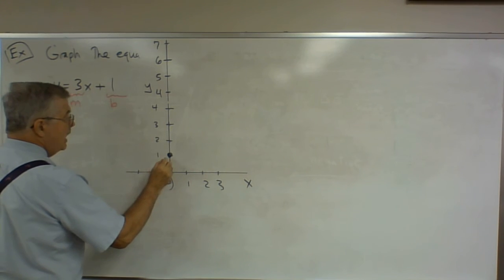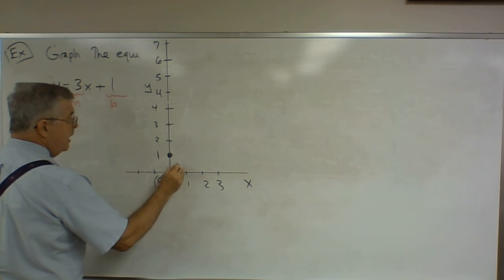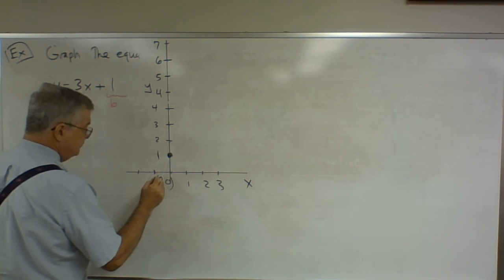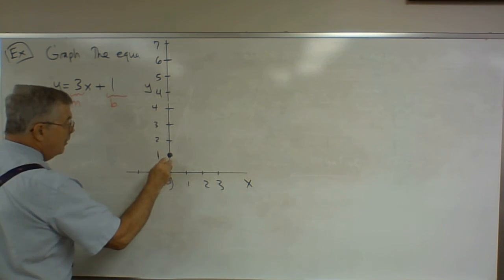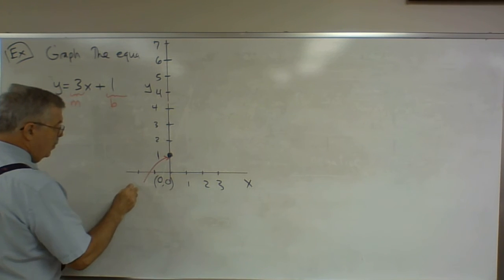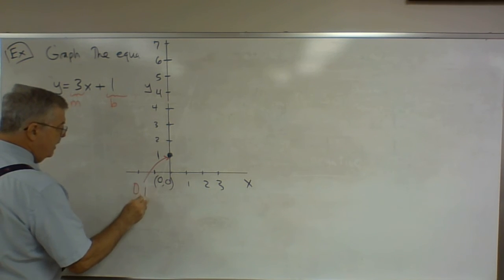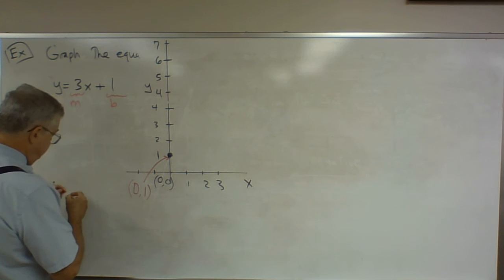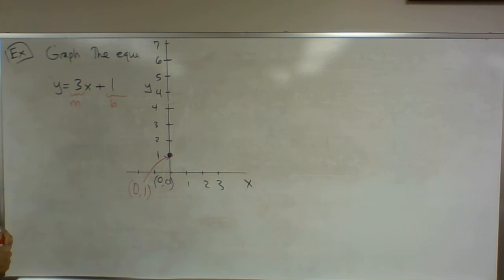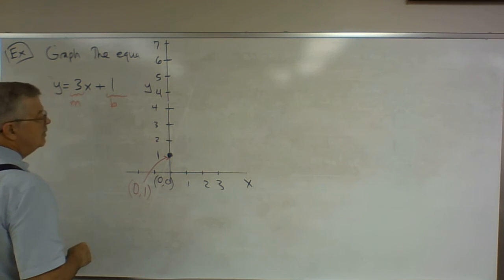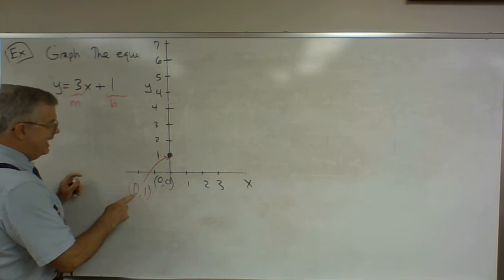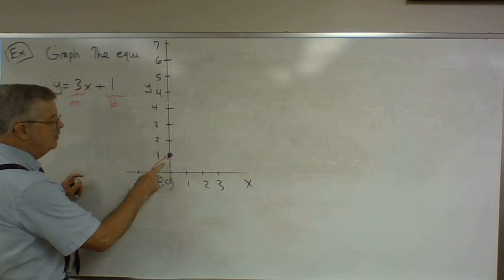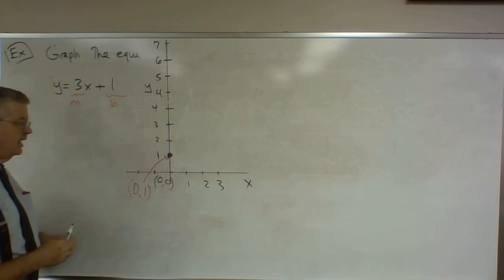Here it is, y equals 1. No, I didn't say that the way I wanted. This is the point x equals 0, y equals 1. There we go. Okay.